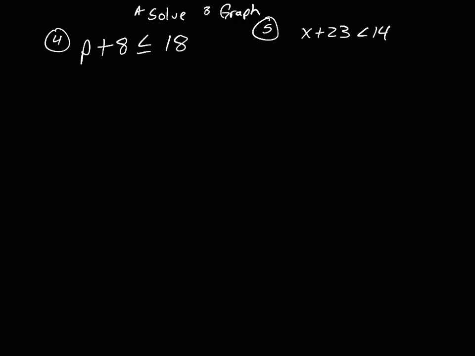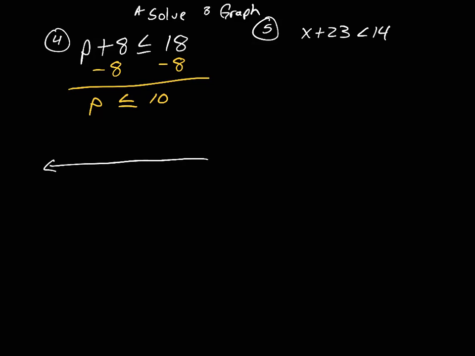Okay, for number 4, let's attack this one first. To solve, I'm going to minus 8 and minus 8. I get p is less than or equal to 10. And now I need to graph that if I'm going to get all the points possible. Here's my number line. Here's 10.